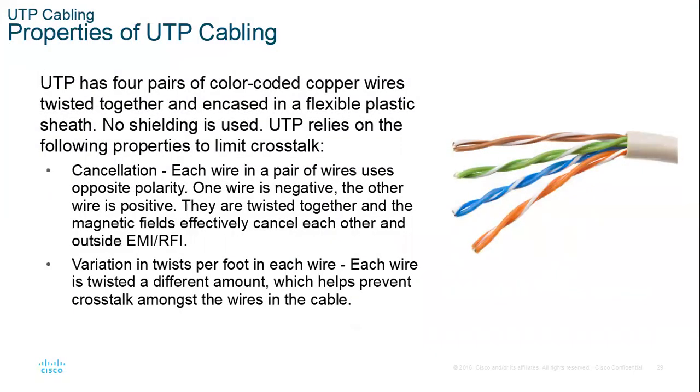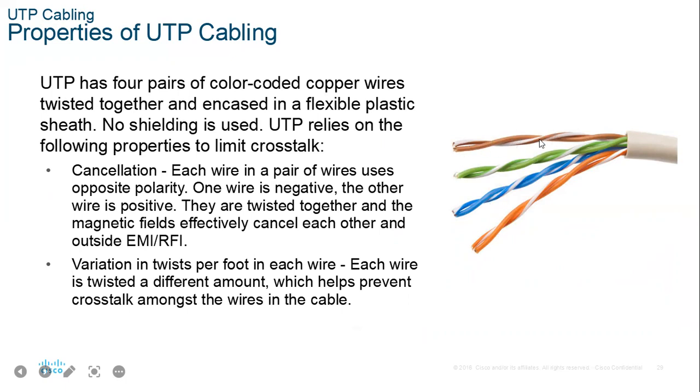So UTP cabling, you need to understand that there are 4 twisted pairs. So you have brown, white, green, white, blue, white, orange, white. If you see the way the color is, this is the pure brown, so it's all brown.